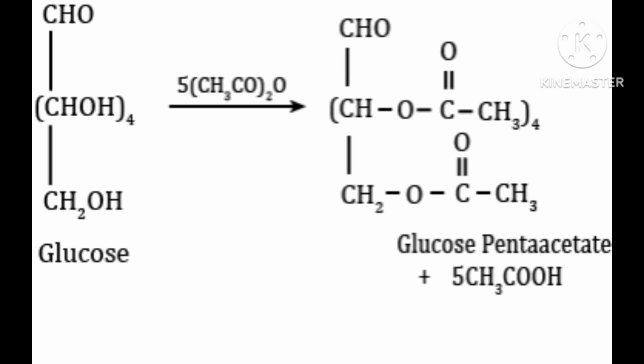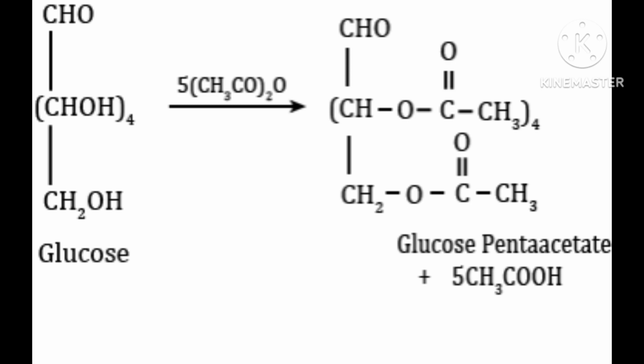Now the question arises: what is the actual spatial arrangement? The exact spatial arrangement of the different OH groups was given by Fischer, the scientist. The exact spatial arrangement of where OH will actually be.